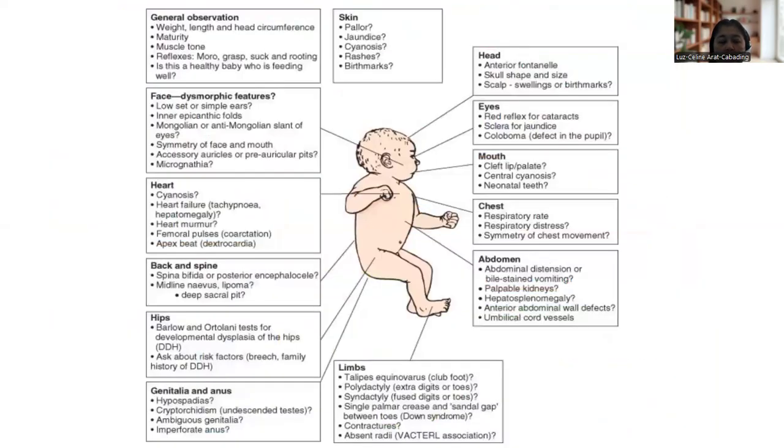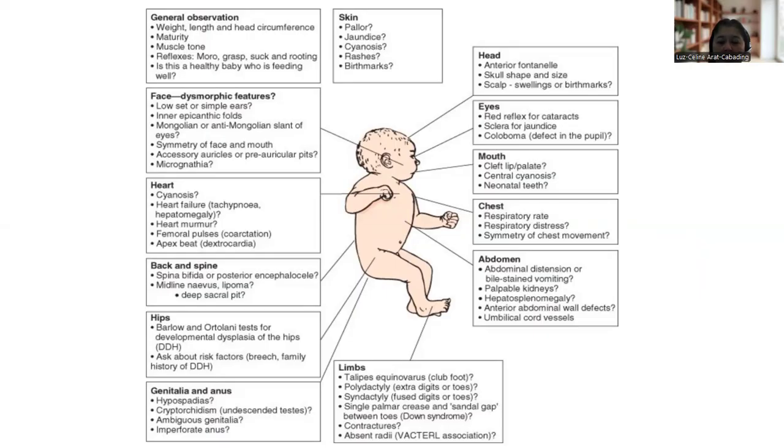So here is another detailed key to take note when assessing your newborn. Okay, weight would be very important, baseline weight, because we would like to see if our newborn infant is progressing. We look at the skin. Is the newborn breathing well?